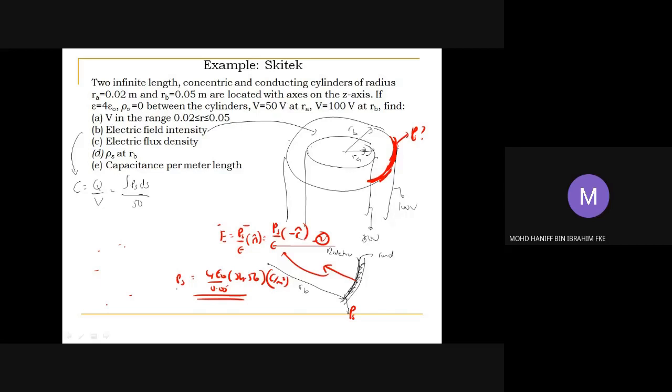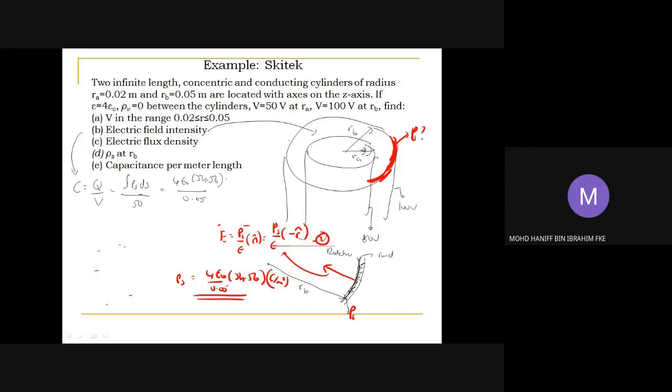Your rho s is based on the rho s we calculated in the previous part D. So we have 4 epsilon naught times 54.56 divided by 0.05. For this integration of ds, remember that this rho s is calculated at the radius of 0.05 just now.